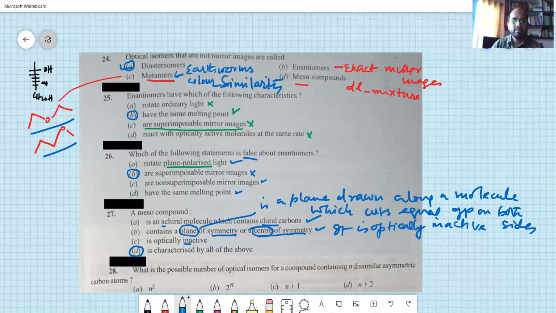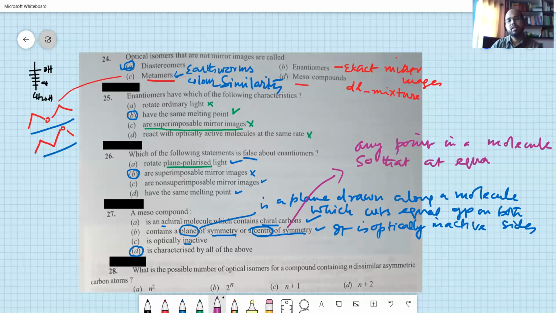Similarly, it is having a center of symmetry. A center of symmetry is any point in a molecule such that at equal distances from that point, the same groups are met.